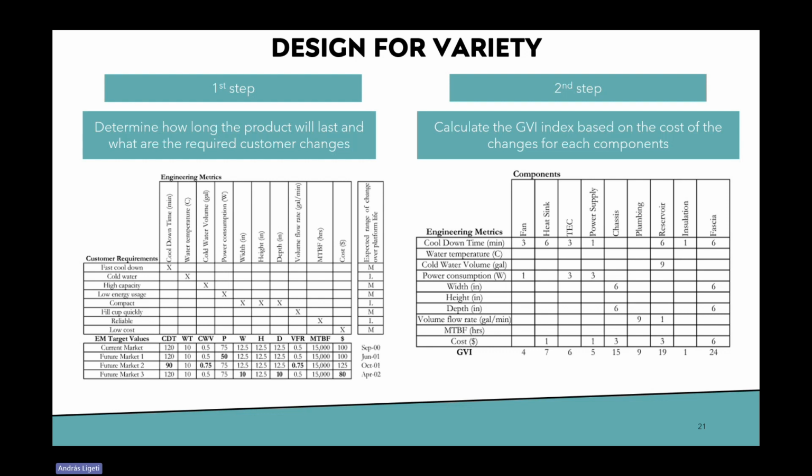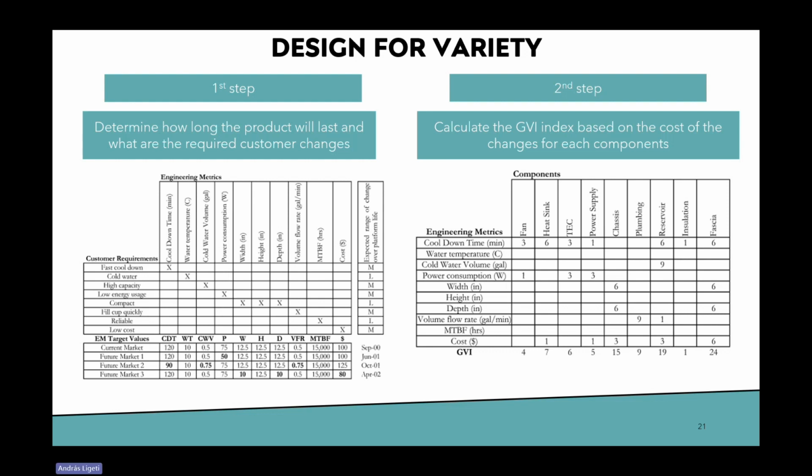This is very important to know, because then that can already give you certain insights into what are the components that you have to redesign in your system. So as soon as you have that, you have to map those engineering metrics. Again, these are located here.